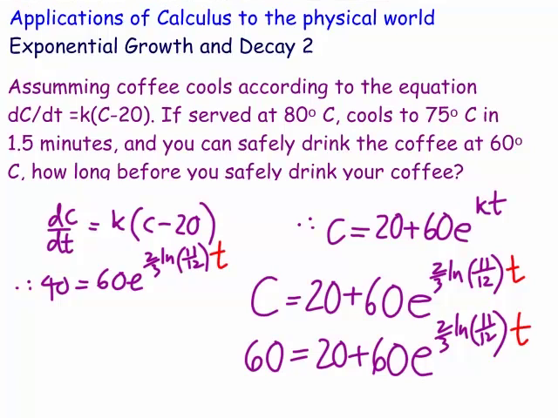Then we can divide by 60 and get 2/3, so 2/3 equals e to the 2/3 ln 11 on 12 t.